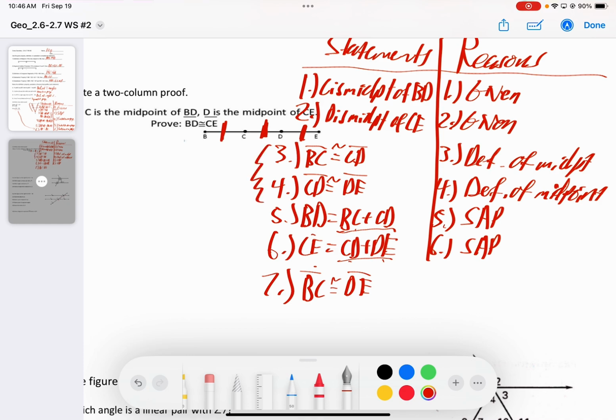What property does that use? Transitive. You could use transitive. I'd probably be lenient and let you use substitution as well, but we could use transitive property. Okay, almost there.